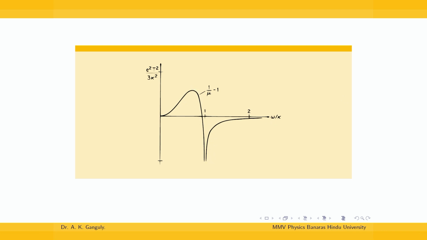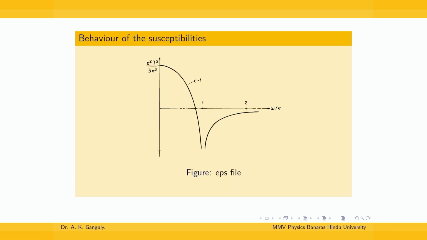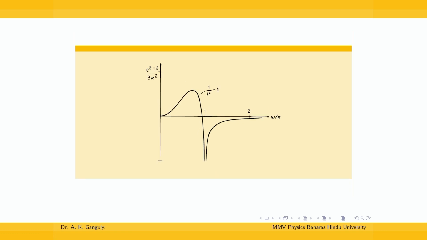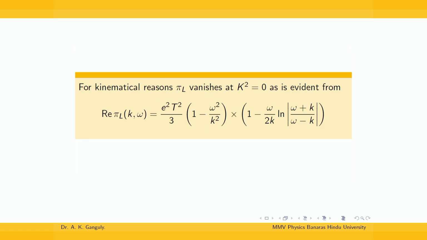The interesting behavior is how they behave close to omega equal to 0. In one case close to omega equal to 0, the contribution is finite, whereas in the other case the contribution vanishes, and the same thing happens in the asymptotic limit too.